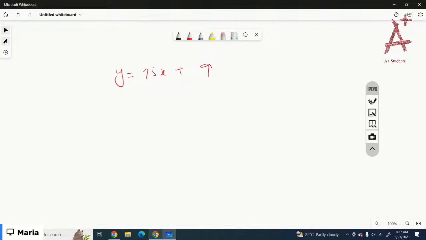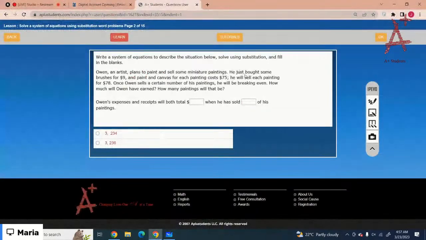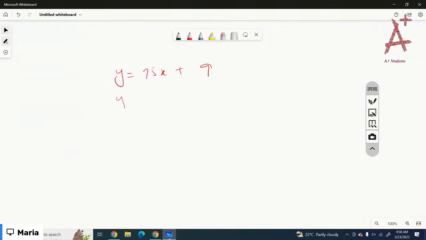Let me just write down the other one. He will sell each painting for $78. So it would be then y equals 78x. So just solve the equations. You have to substitute the value. So it would be y equals 78. So just replace this y with 78.